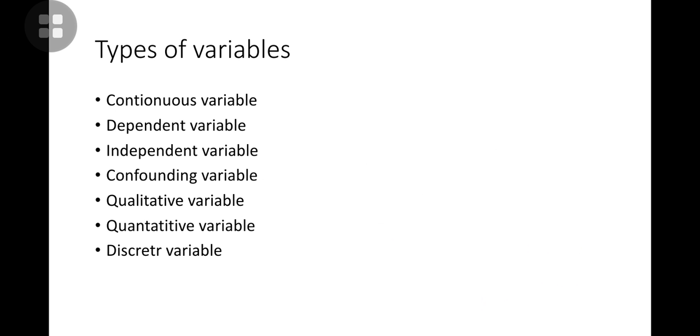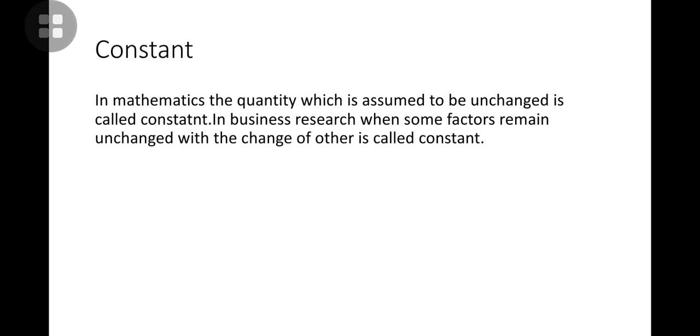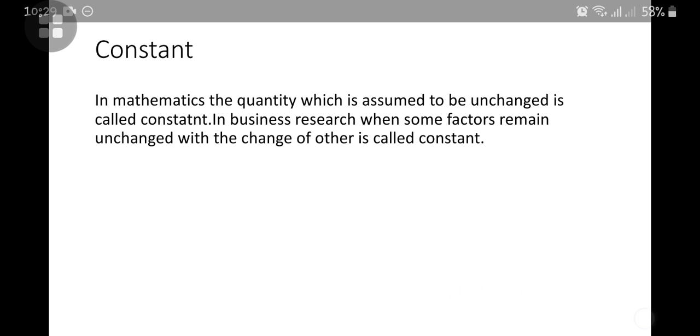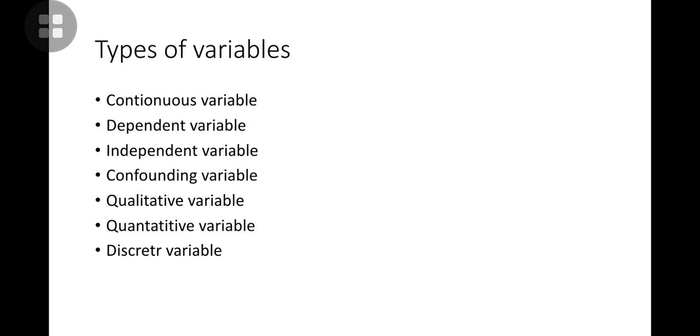Types of variables: continuous variables, dependent variables, independent variables, confounding variable, qualitative variable, quantitative variable, and discrete variable.